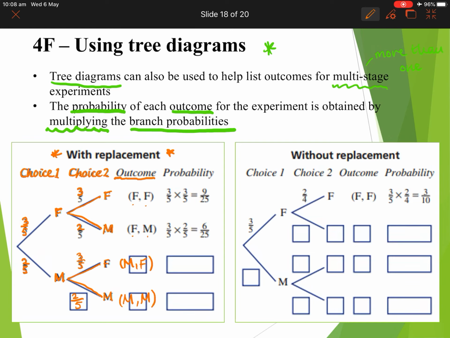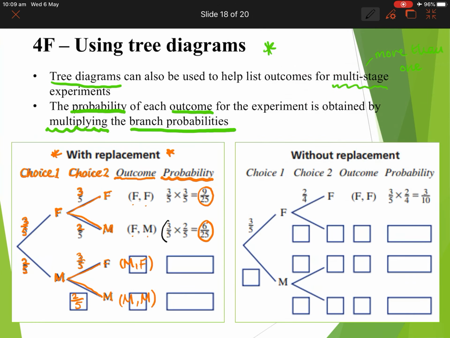So, what's the probability? For this first one, the 9 out of 25 means if you choose a female and then another female, the chance of that happening is 9 out of 25. The chance of choosing a female and then a male is 6 out of 25. To do that, I'll use black.